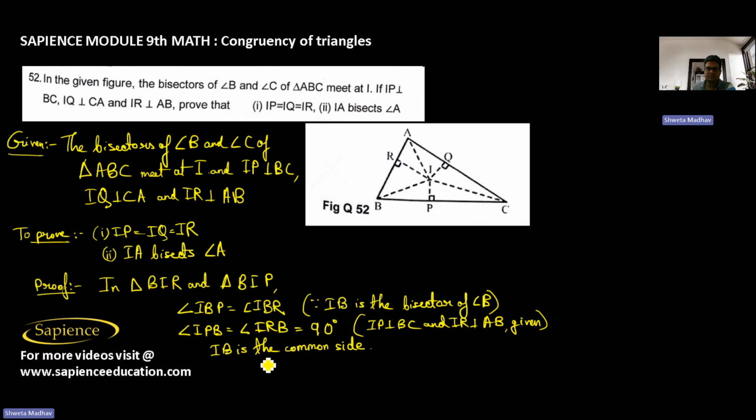IB is the common side. So therefore, two angles and the non-included side are equal in these two triangles. So I can say that triangle BIR is congruent to triangle BIP by AAS rule of congruency.